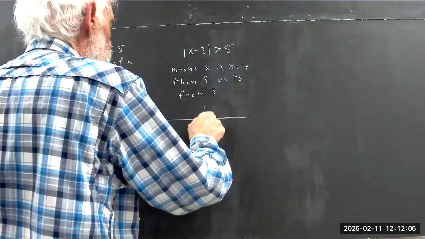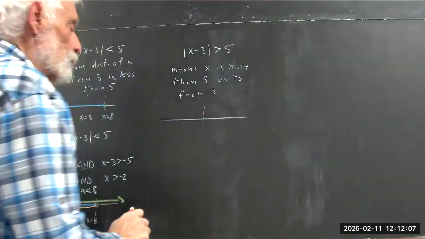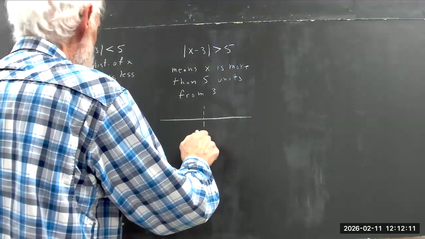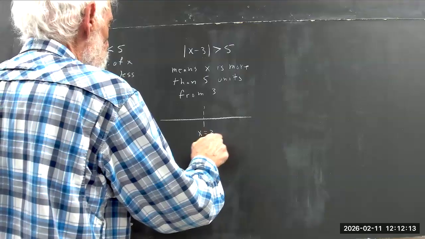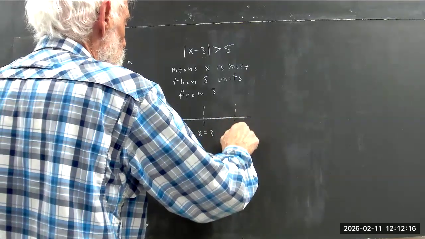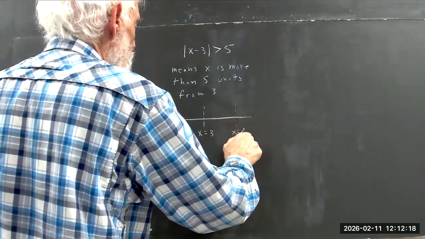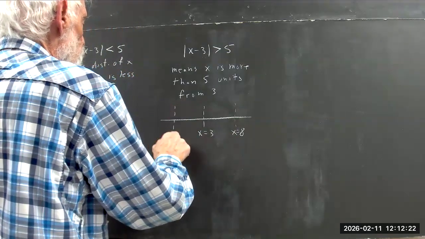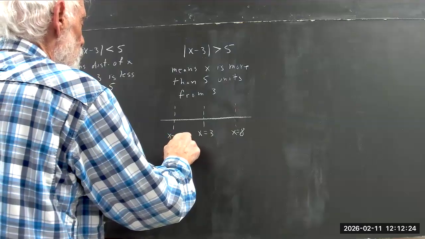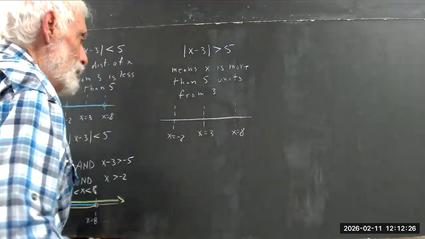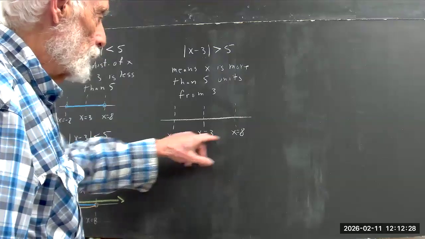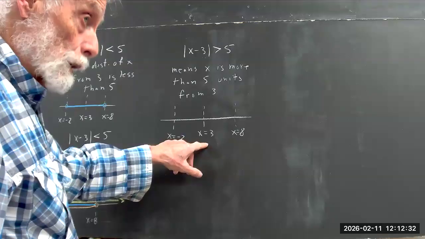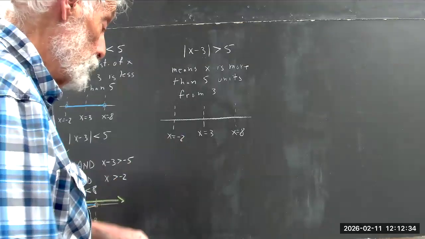Well, we can already draw that. We draw a horizontal number line. We label one of the points x equals 3. And then to the right, we label a point x equals 8, and to the left, a point x equals negative 2, because 5 units to the right of 3 gives us 8, and 5 units to the left of 3 is going to give us negative 2.